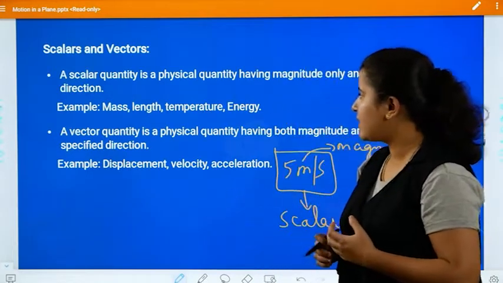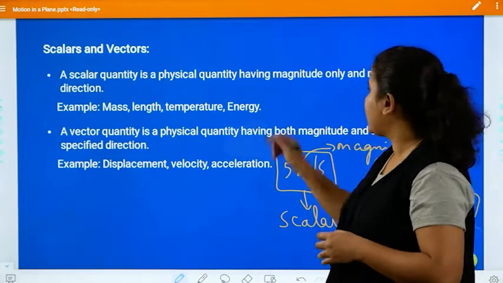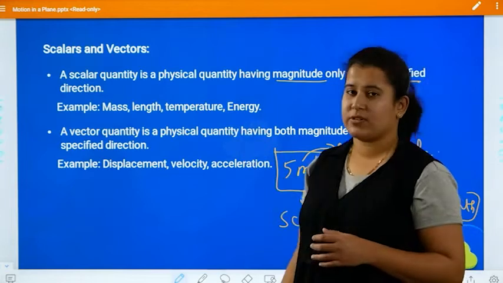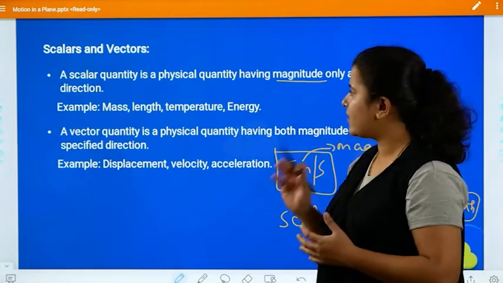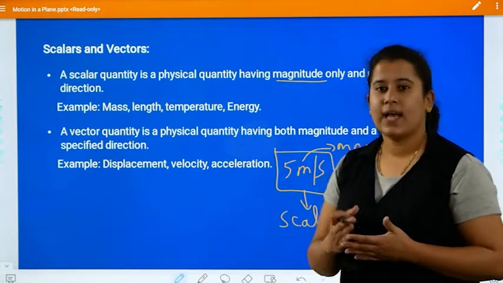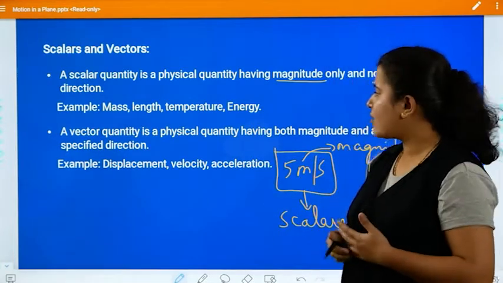Scalars and vectors. A scalar quantity is a physical quantity having magnitude and no specified direction. So the direction is not involved or taken whenever a scalar quantity is considered. Examples are mass, length, temperature and energy. Moving on to the next.